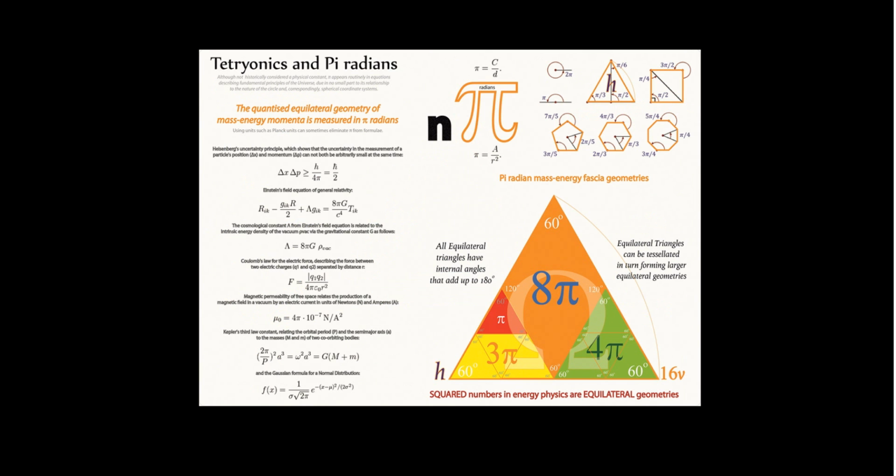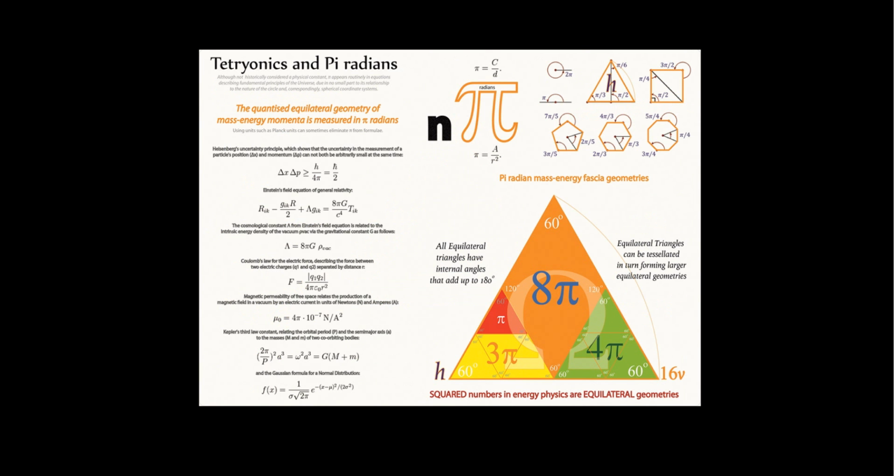Physics has many formulas for energy and mass and matter in motion and its interactions within the fields of science itself, some of which are included on the left-hand side of this page. Tetryonics takes those mathematical equations and gives them a geometry, a physical geometric reality.